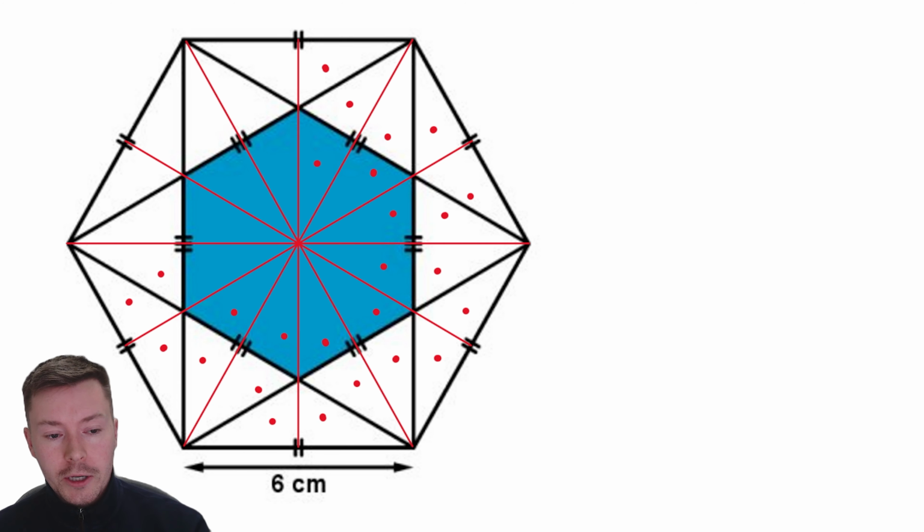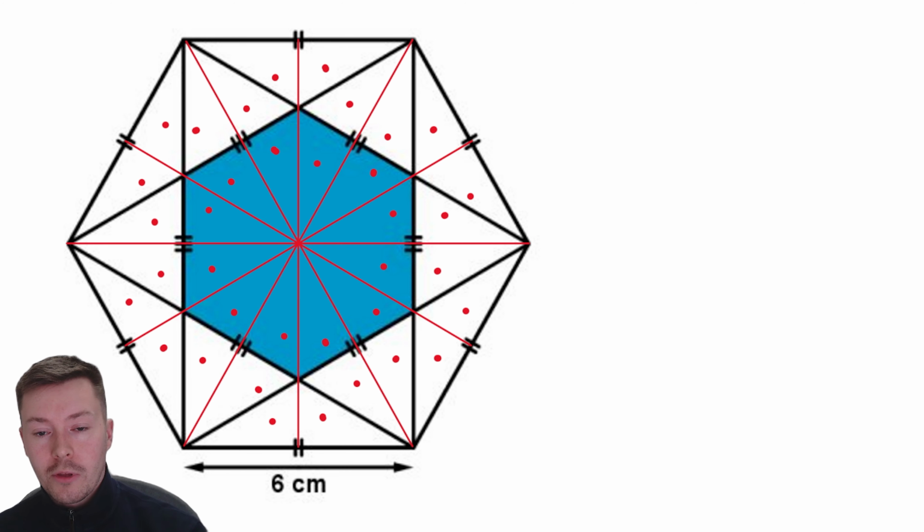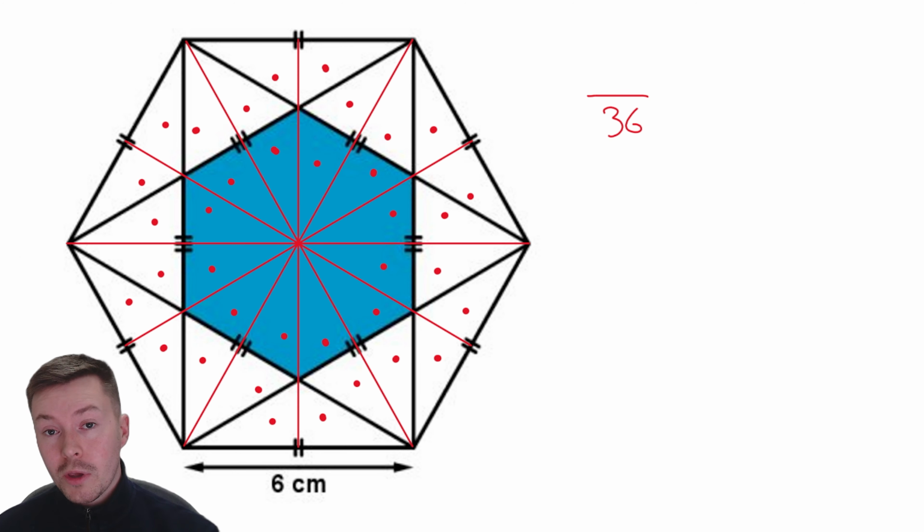So what I can start doing is counting up how many of these different triangles there are, and there are 36 of them. Out of those 36, how many are blue? Then we can use that as a fraction of the total, working out an area using fractions of our triangles and the areas of those triangles.